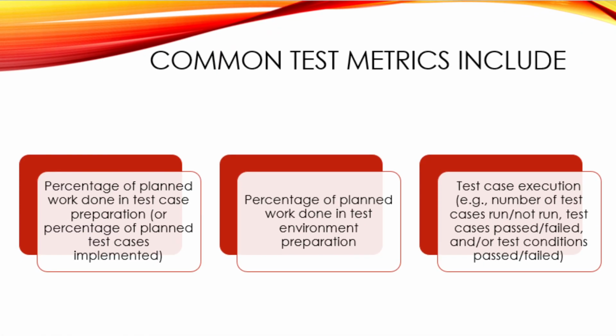Some common test metrics include percentage of planned work done in test case preparation, percentage of planned work done in test environment preparation. Another is test case execution, for example the number of test cases run, failed, passed, and so on.